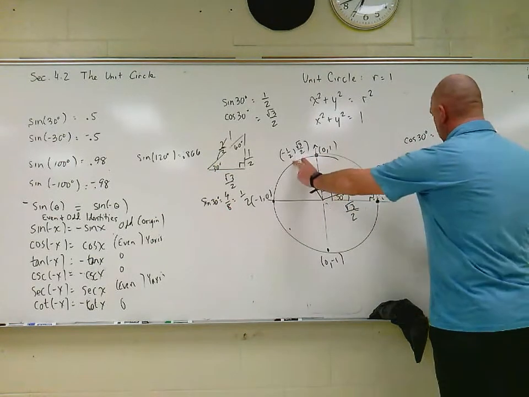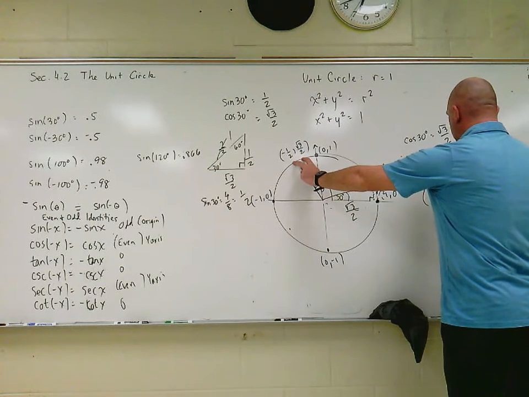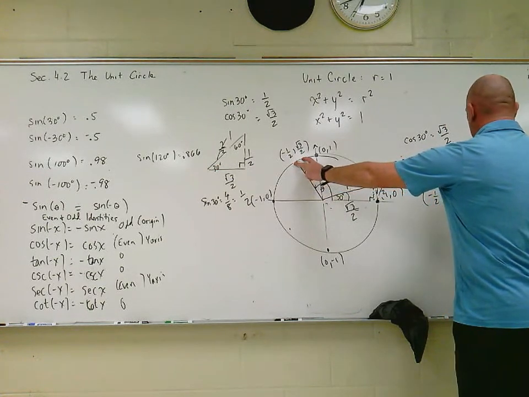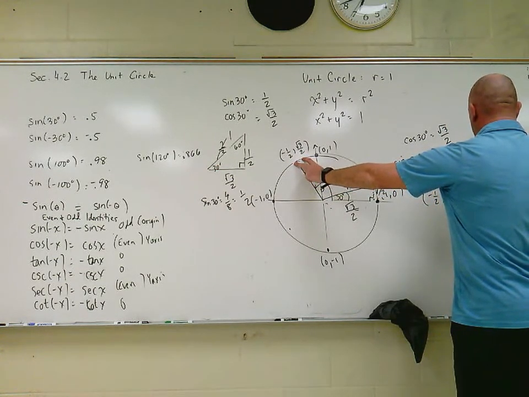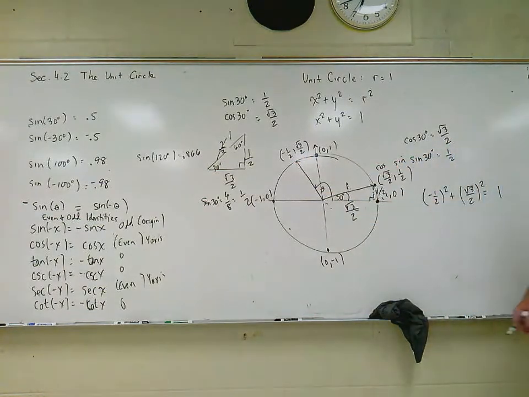So let's see real quick. Is negative 1/2 squared plus square root of 3 over 2 quantity squared, does that equal 1? Well, let's see. What happens when you square a negative 1/2? You get 1/4, positive. What's square root of 3 squared? 3. What's 2 squared?